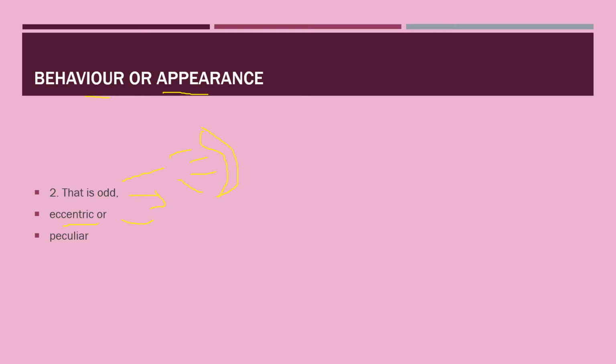It sounds to be slightly out of the norm, even their appearance, even their behavior, and they in a way are peculiar. That means you can identify, oh, this is the person, that's his name, from just appearance and their behavior, because it's so odd, so different, and it is in fact so eccentric within the norm.